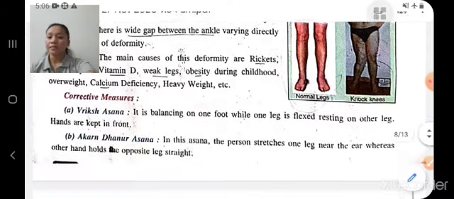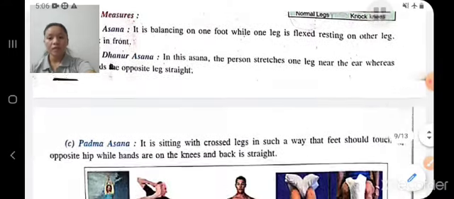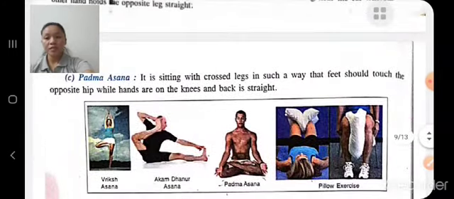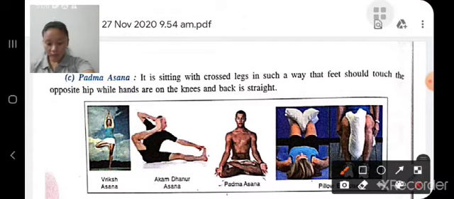How can you correct it? Vrikshasana. We can correct our knock knee by performing Vrikshasana.